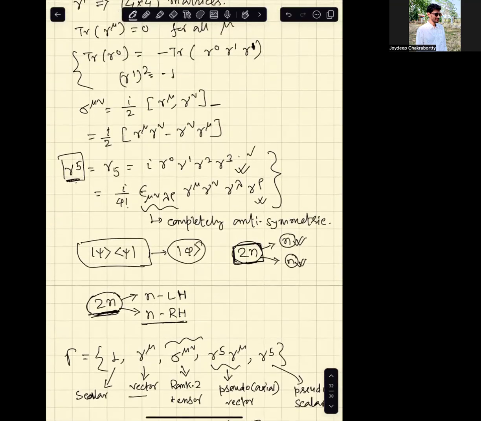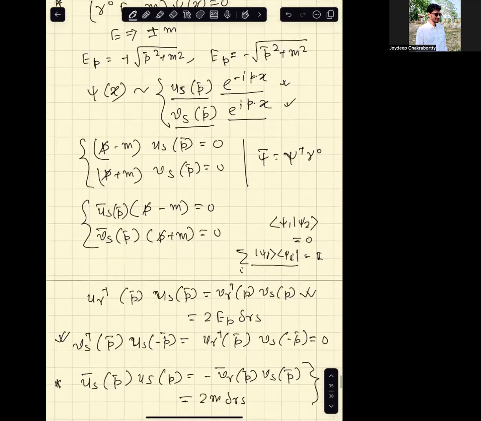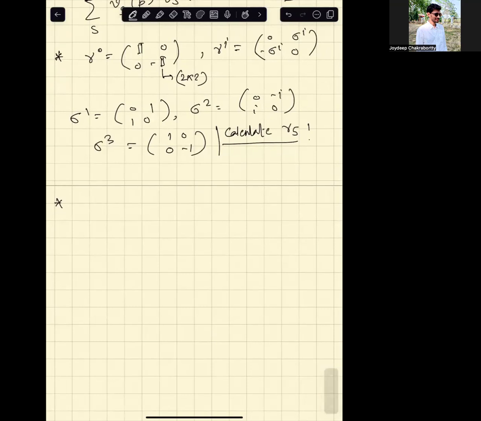Here it is. So now you should be able to plug in and then see what your gamma 5 is. Then you will get the feeling whether the trace of gamma 5 is 0 or not and all those things.